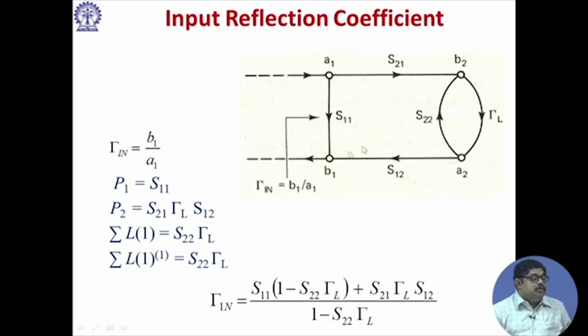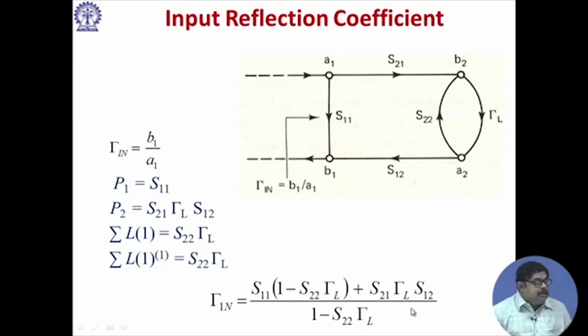Yes. So, L11 will be this loop, S22 gamma L. L12, is it non-touching with this path? No. So, L12 superscript will be 0. So, now you put gamma in will be this.